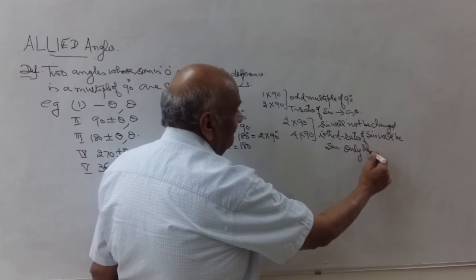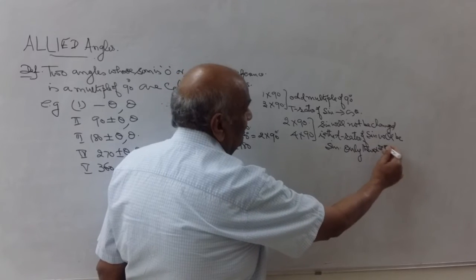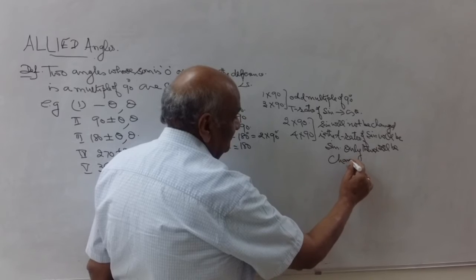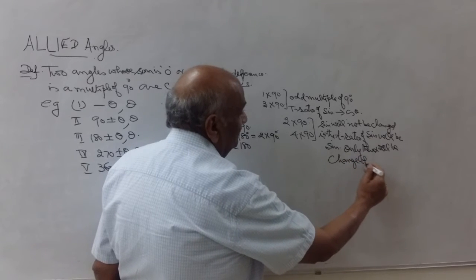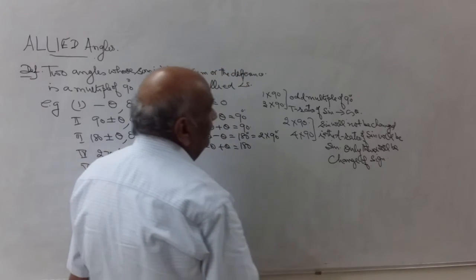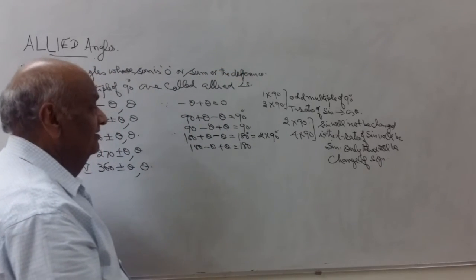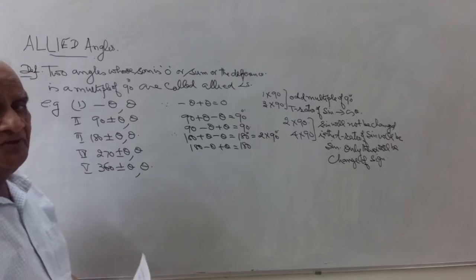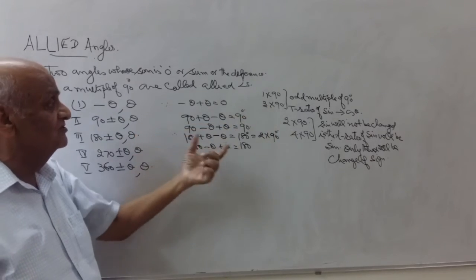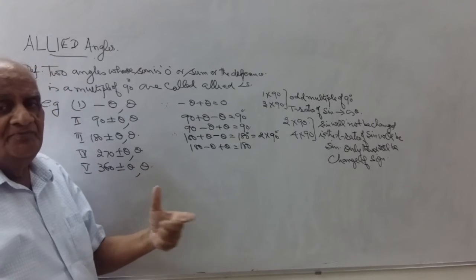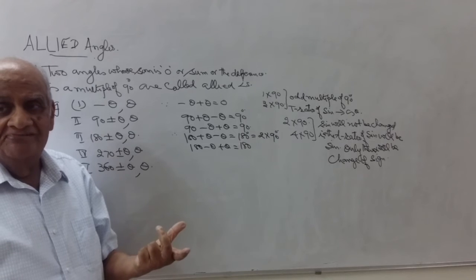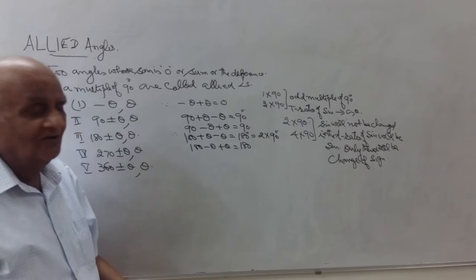There will be a change of sign, because we are to check in which quadrant the angle lies. So this point should be noted very carefully when you start, otherwise it is not so easy to remember the results of minus theta, 90 minus theta, 180 plus theta also.